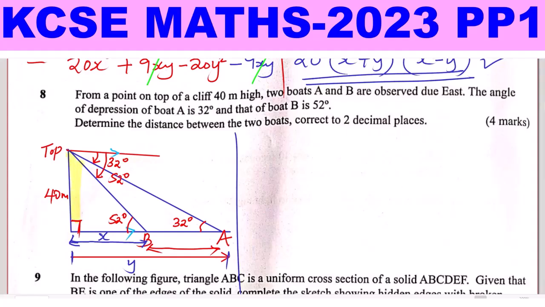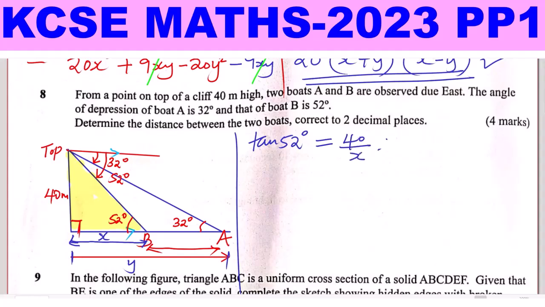Now using that, we can use tangent, considering this triangle that is here. So considering that triangle first, we can say tangent of 52 is equal to opposite side, which is 40, over adjacent. Adjacent is x.